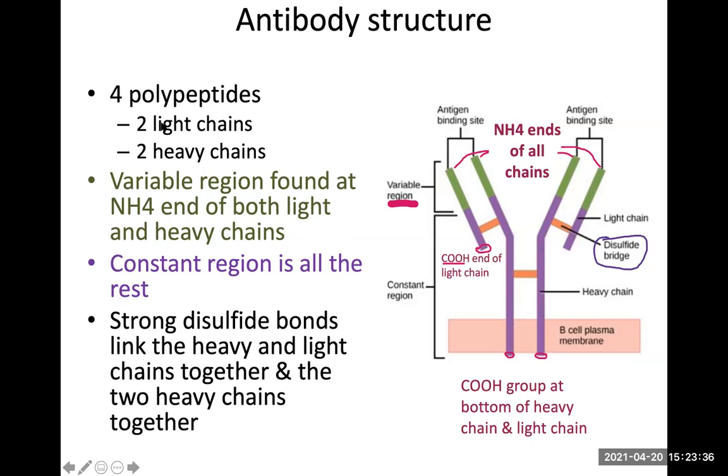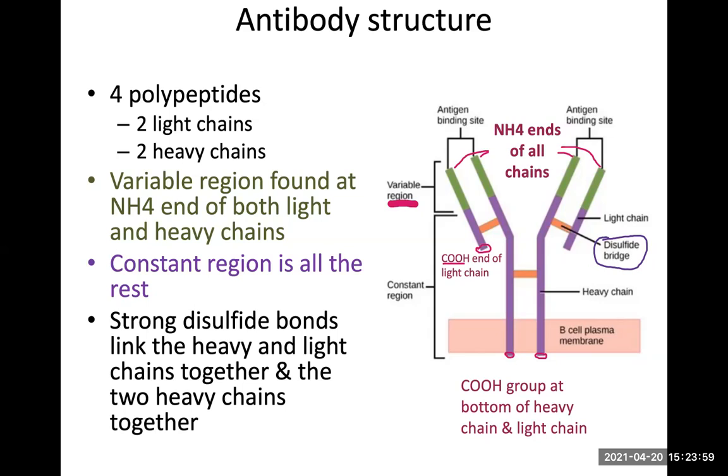And we call them light and heavy because the short ones are going to be lighter than the heavy ones. Interestingly, the 2 heavy chains are connected together, and then the light chains are on the outside. Okay, so that's the structure, and it makes kind of that Y shape, which is why when people draw antibodies, they draw them as a Y.